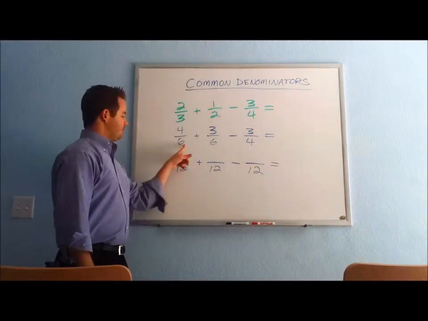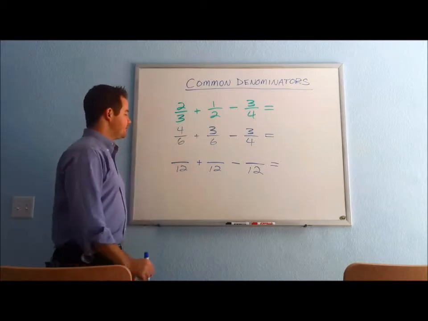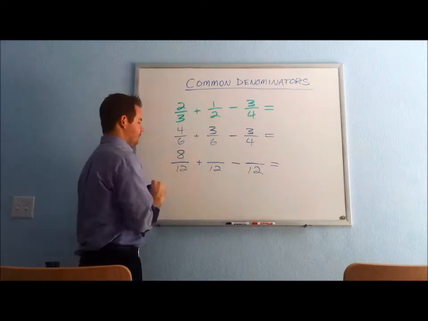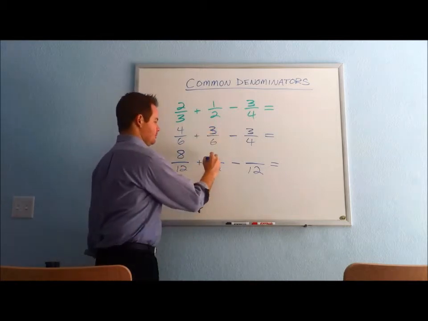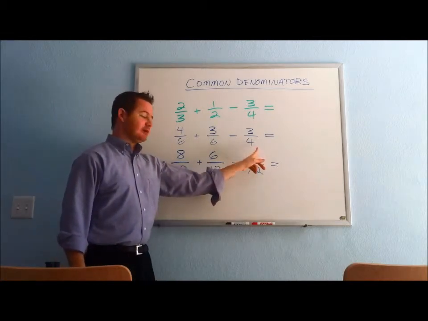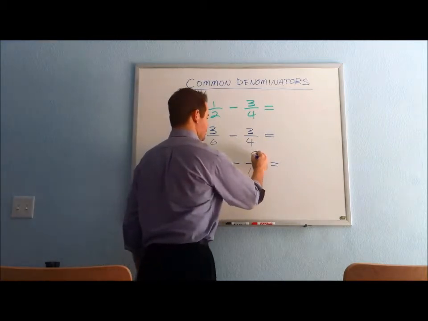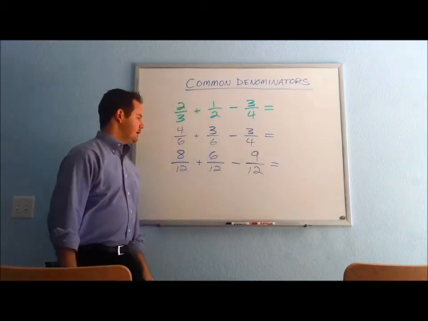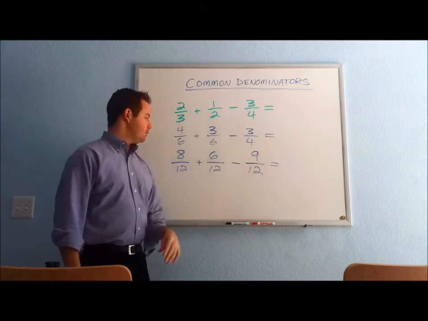And in this case, we had to multiply times 2 to get 12. So we multiply our numerator times 2 as well. 3 times 2 would give us 6. And 4, we had to multiply times 3 to get 12. So we multiply our numerator times 3, which would give us 9. And then we add or subtract our numerators as we move across.